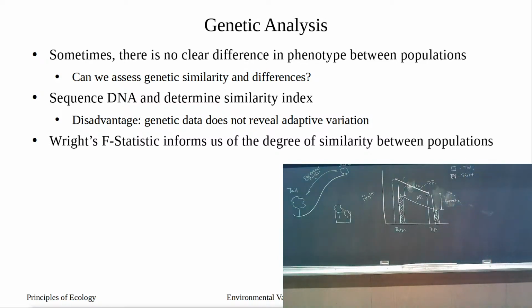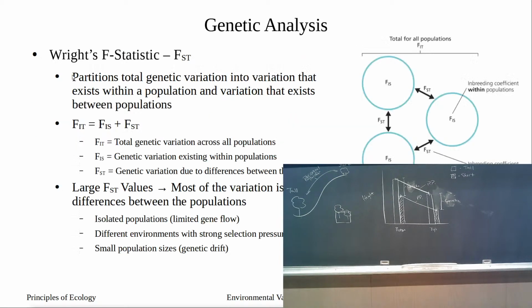So what we can use is sequence our genome and then determine similarity values to calculate something called Wright's F-statistic. And Wright's F-statistic will tell us about the degree of similarity between our populations.